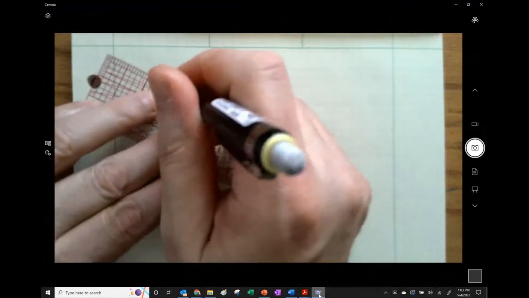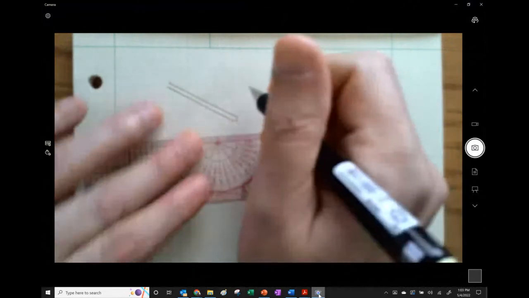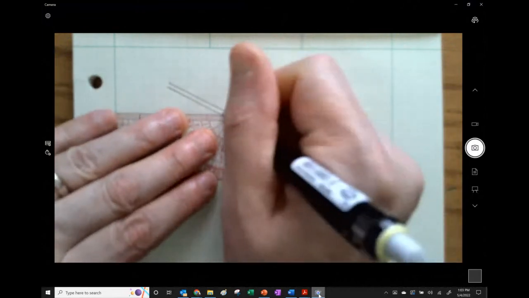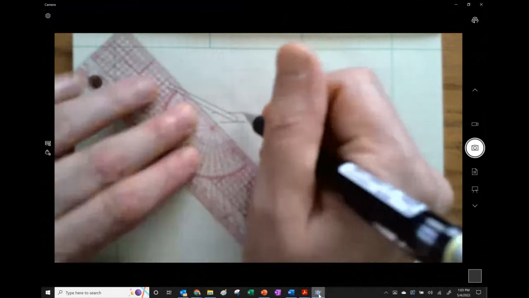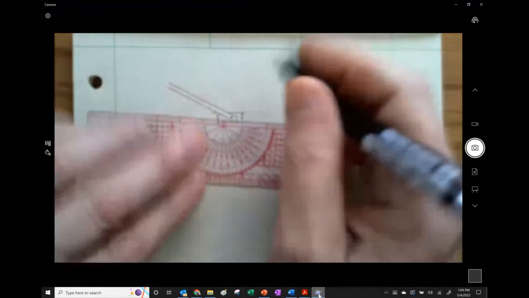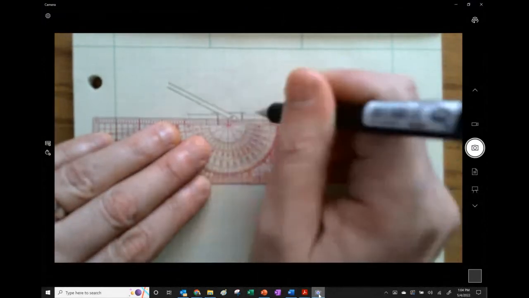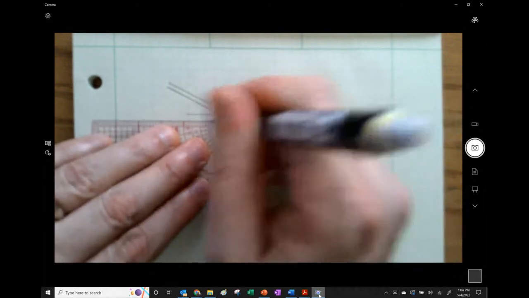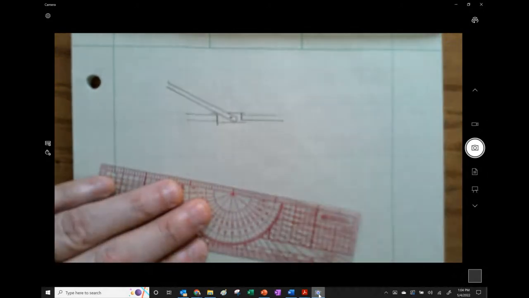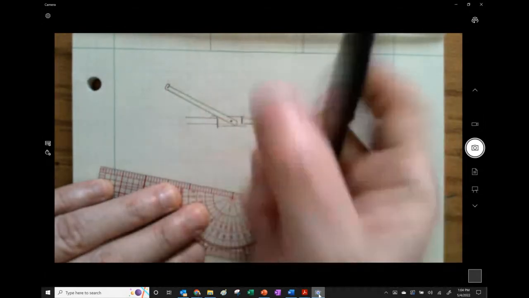So let's take a look at the problem here. I'll draw the thing out. And let's see if I can draw this thing correctly.